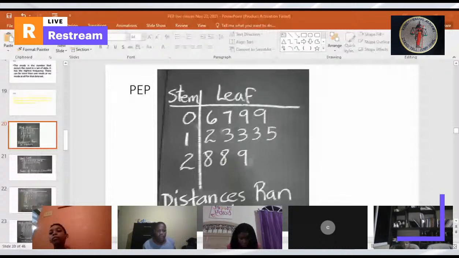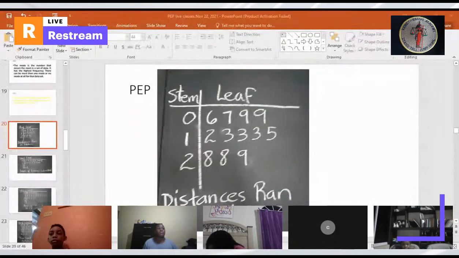Madison is asking about getting a decimal. So what we do is, if we divide the whole number and then we want to change that decimal, put your decimal point and then just add a 0 to the remainder and keep dividing. If you get another remainder, add a 0 to that and keep dividing.